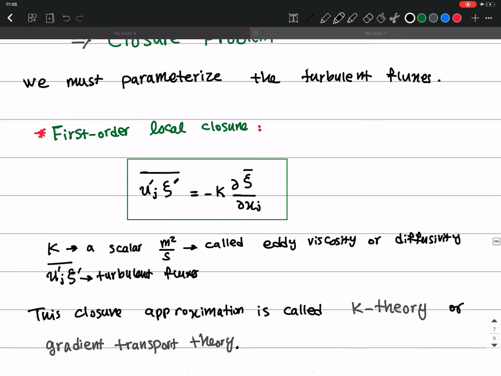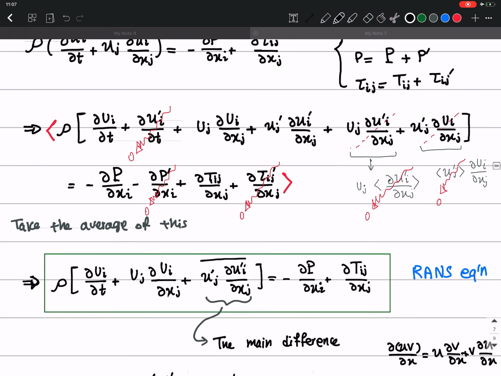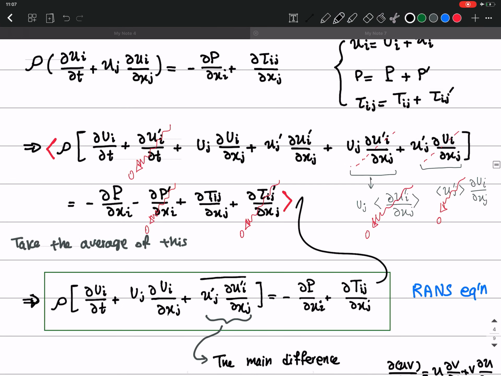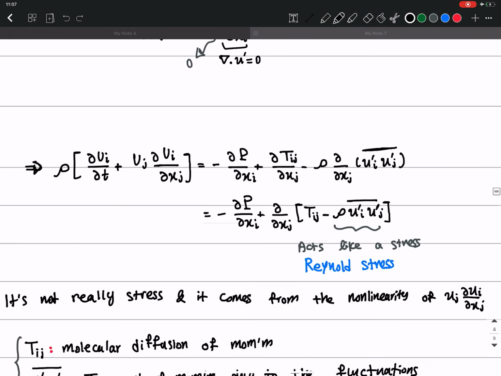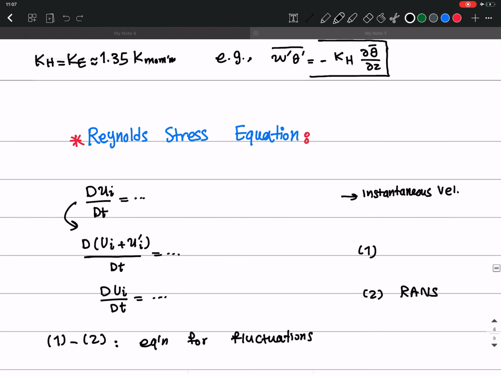Basically I'm going to subtract this RANS equation from the original Navier-Stokes equation to get an equation for this fluctuation, before doing any averaging. So I'm not going to do averaging here, just remember, I'm just going to subtract this from the original equation we had. So we are going to get an equation for fluctuation.